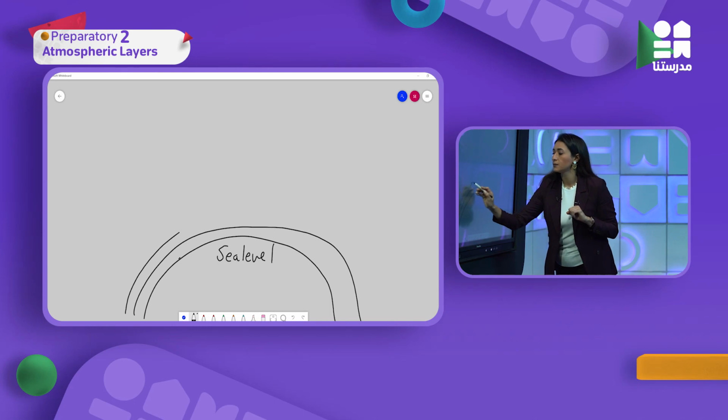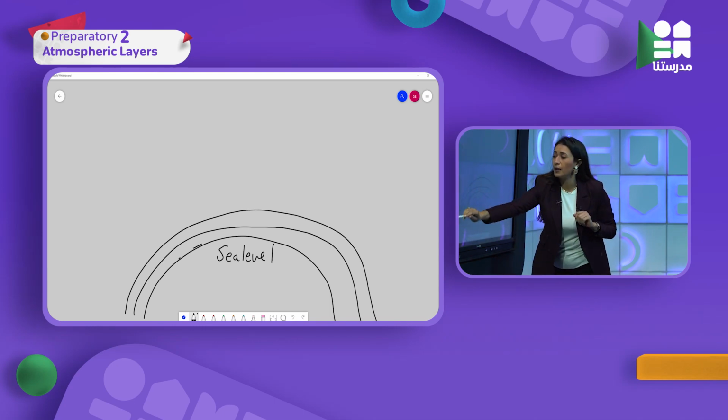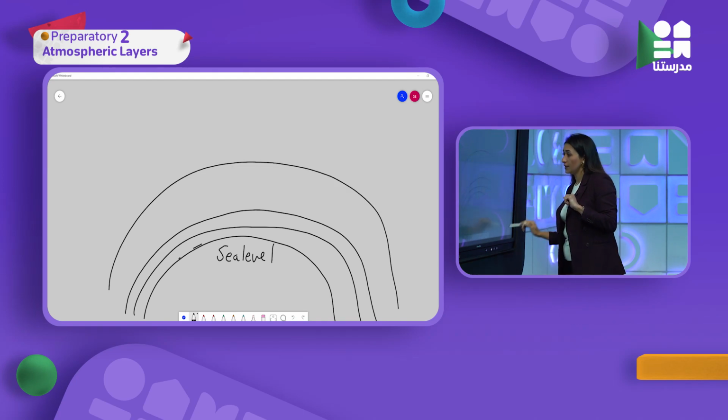Second layer will be the stratosphere. طيب تعالوا نشوف مع بعض الميزوسفير.